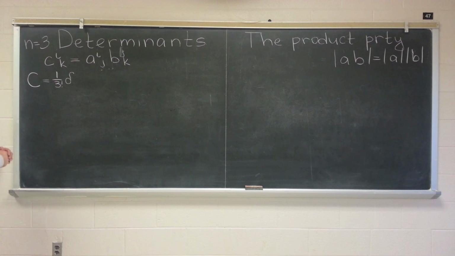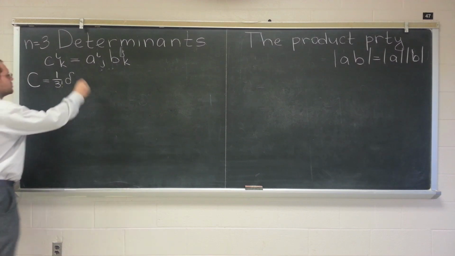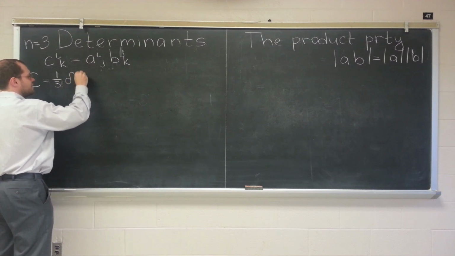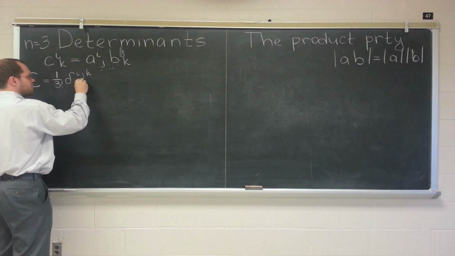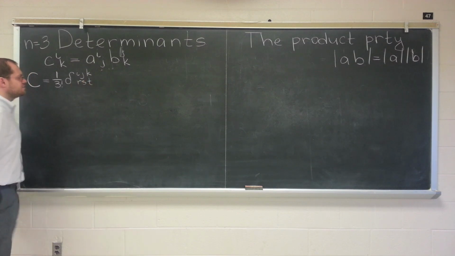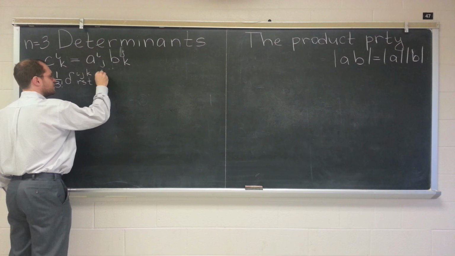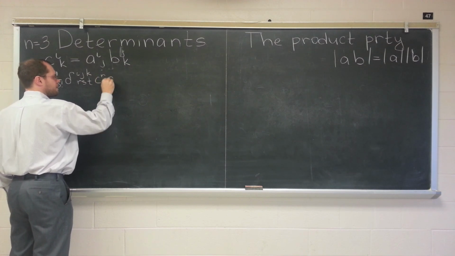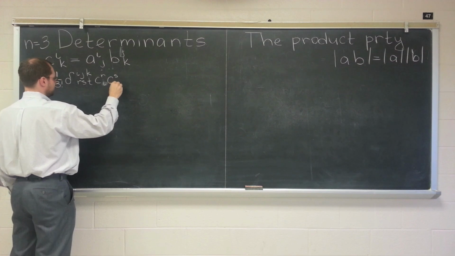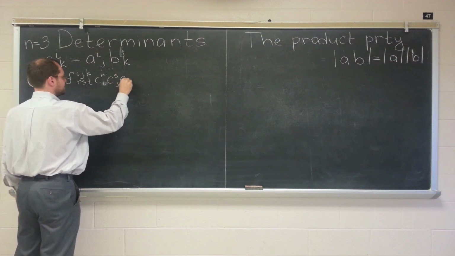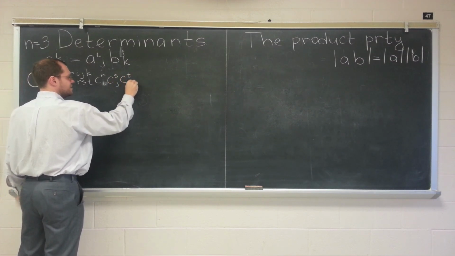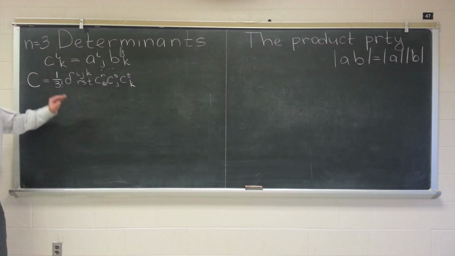All right, so we have to think the letters through. We're going to go here with I, J, K, R, S, T of C_R^I, C_S^J, C_T^K. Very good. This is the definition of the determinant, capital C.